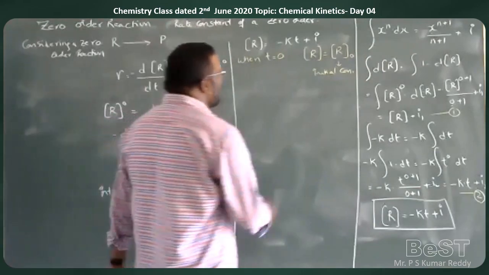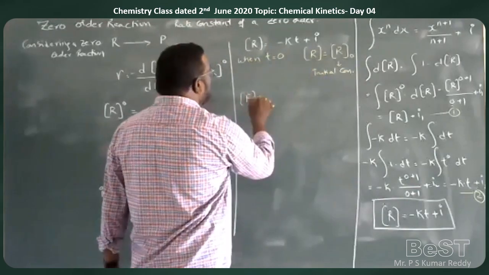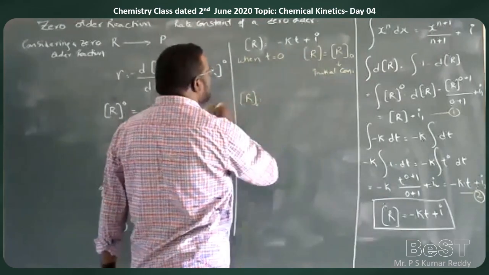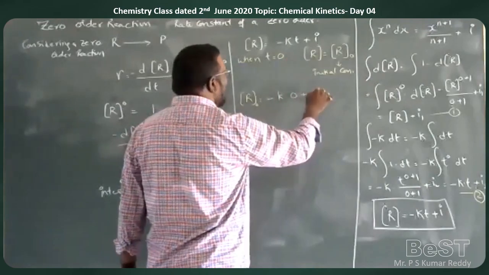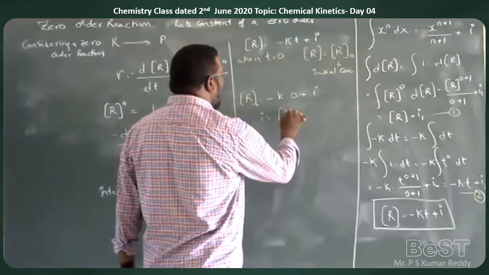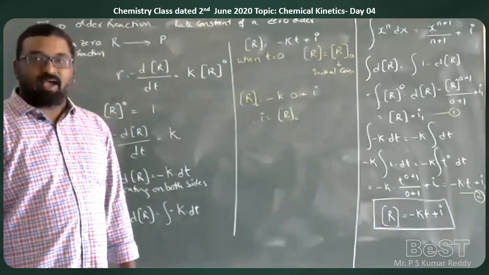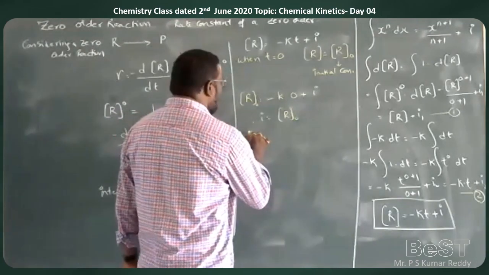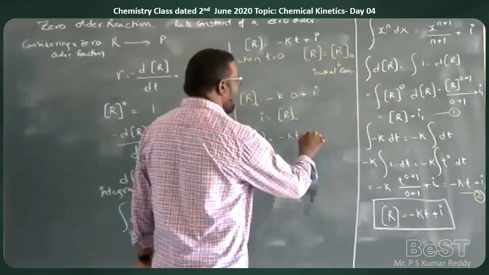So substituting these two, R is nothing but R naught, equal to minus K into 0 plus I. Therefore, I is equal to R naught, that is the initial concentration. Therefore, r is equal to minus Kt plus R naught.